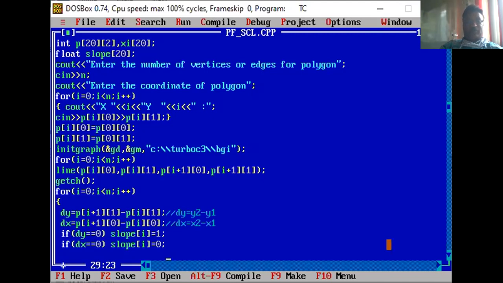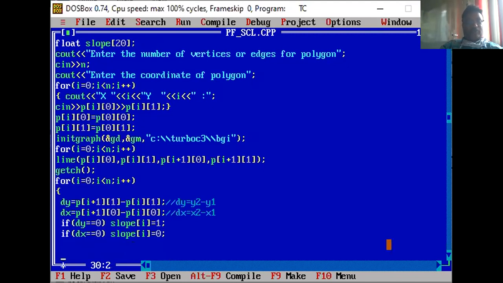Y means vertical direction. And suppose I say if dy is not equal to 0, and dx also not equal to 0, so that time you have to calculate the slope.